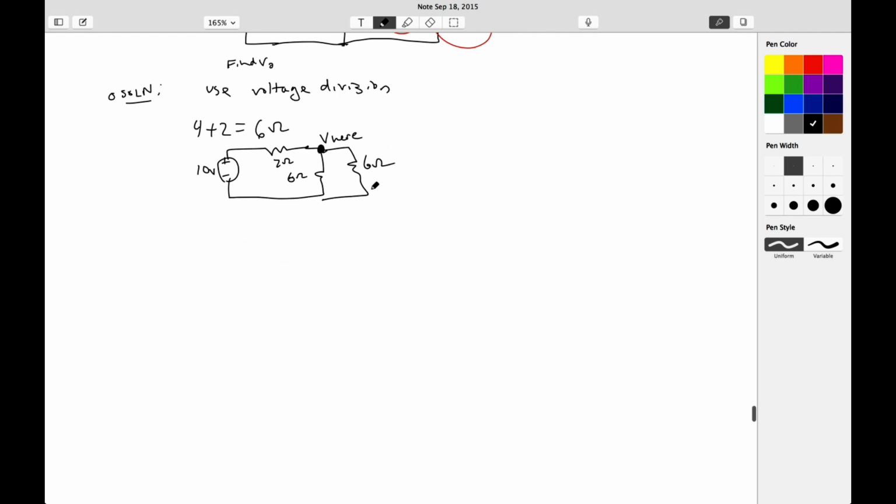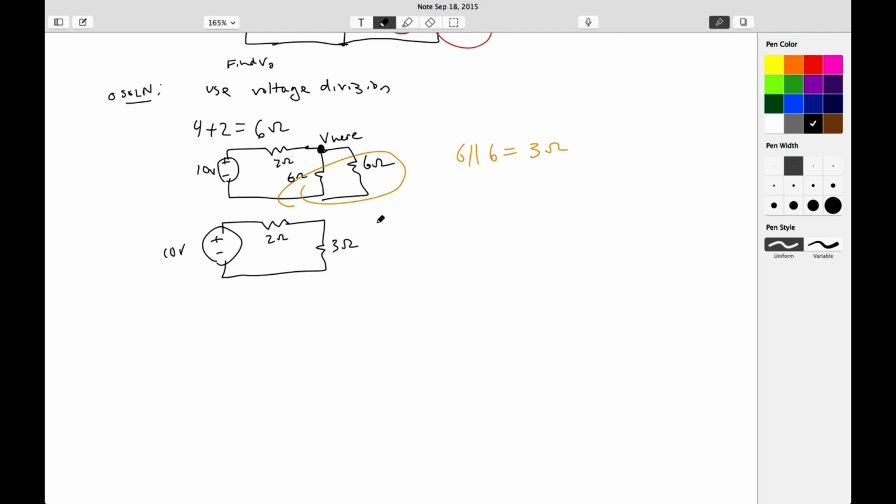All right, so we can combine these 6 ohms in parallel. 6 in parallel with 6 is equal to 3 ohms. So now I just have a pretty simple circuit, 10 volts, with a 2 ohm resistance and a 3 ohm resistance.